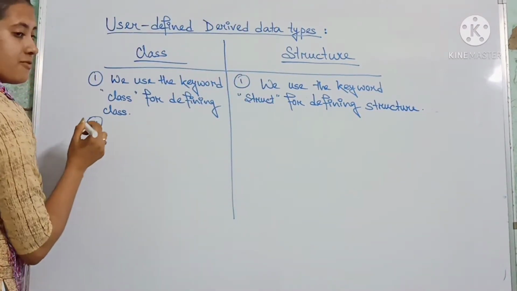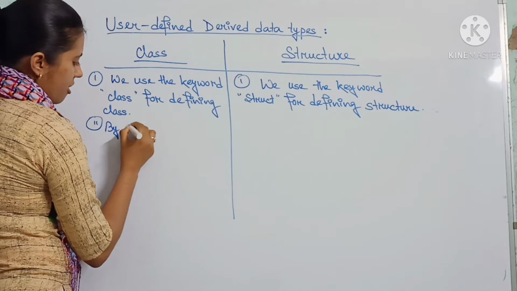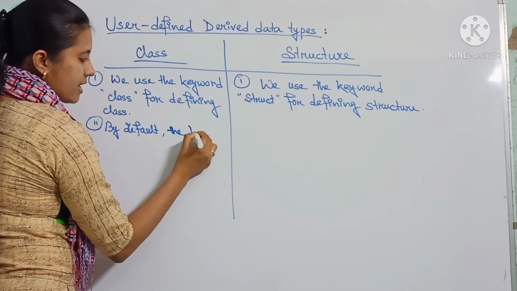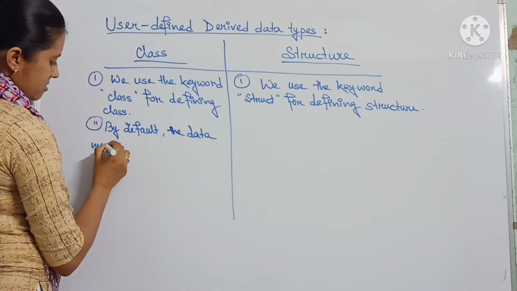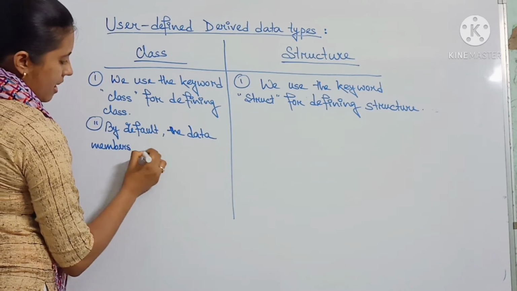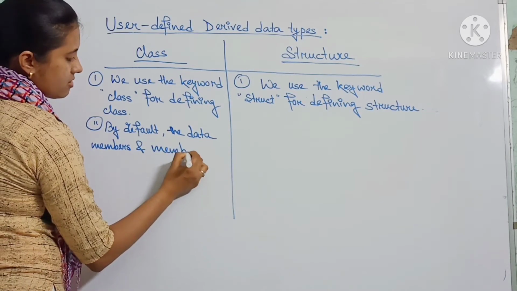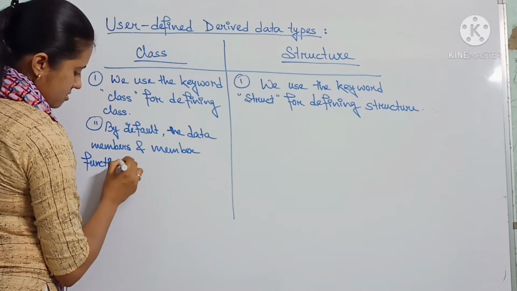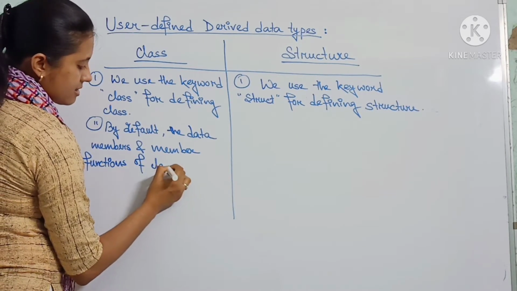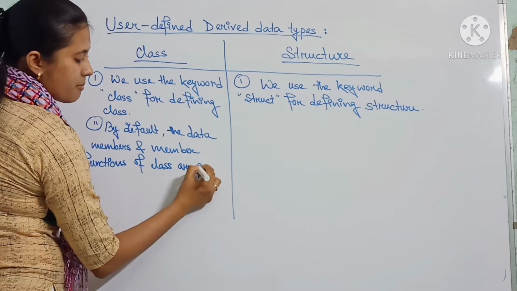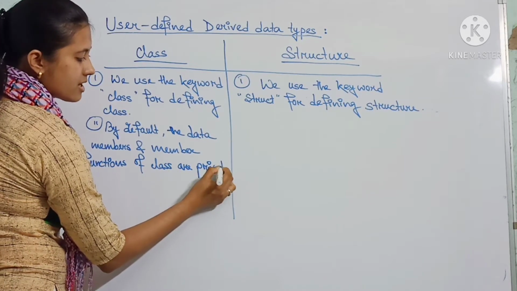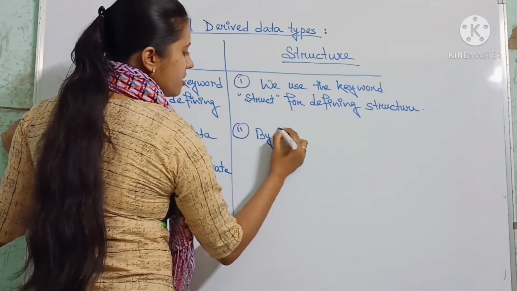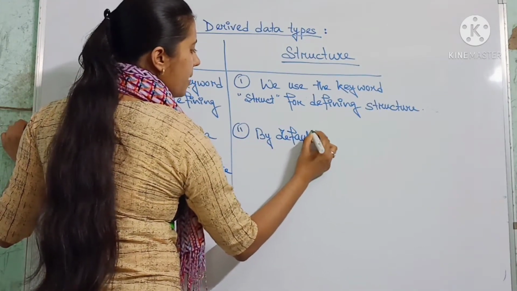Second difference, what I have told you: by default the data members and member functions of a class are private. By default a class provides private visibility mode, but by default a structure provides public visibility mode.